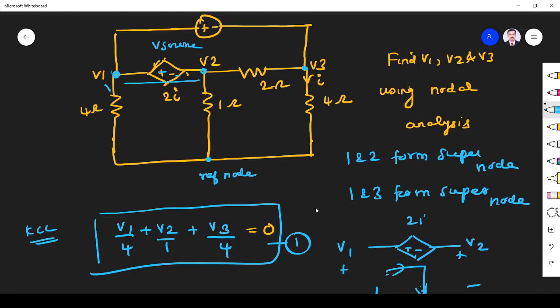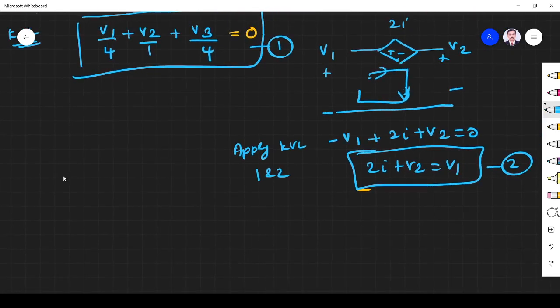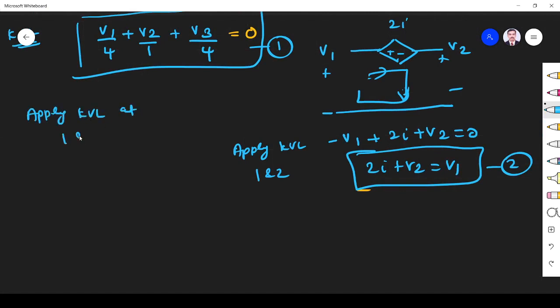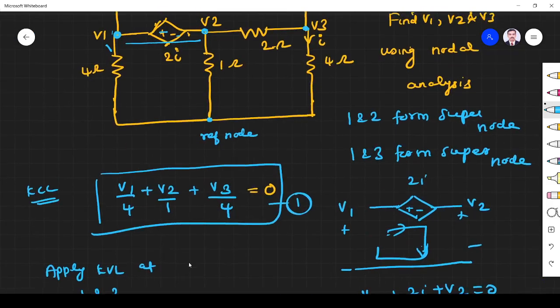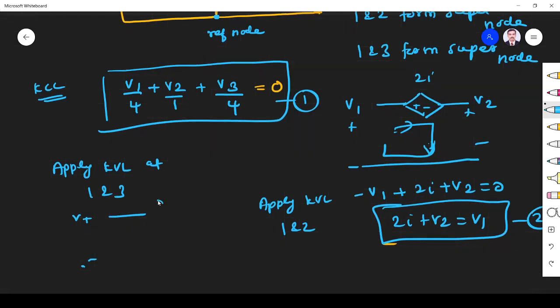That I write as V1. Apply KVL at supernode 1 and 2, and similarly at 1 and 3. This is V1 here, plus minus, and here it is plus 12 volt, plus minus.